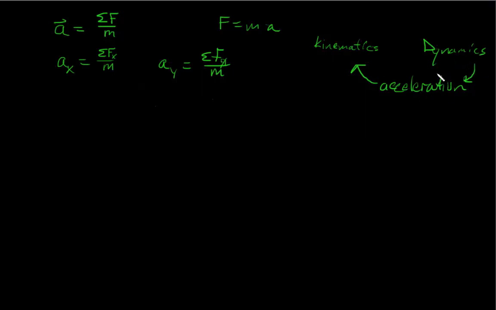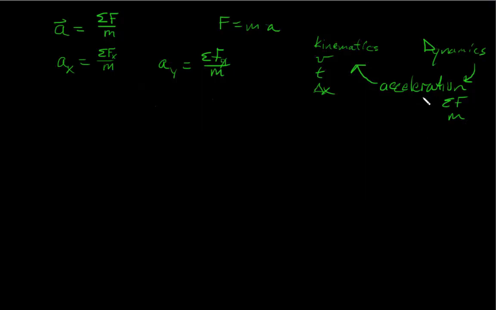So you move back and forth between these based on what you're given. Over here you have velocity, time, and displacement. If you're given any of these, you determine the acceleration, and then you could find the net force or the mass, depending on what it is.